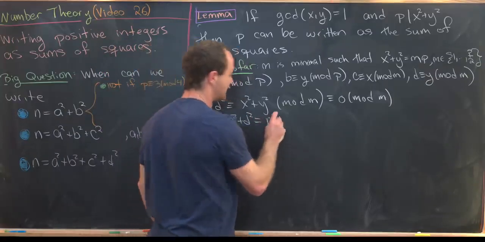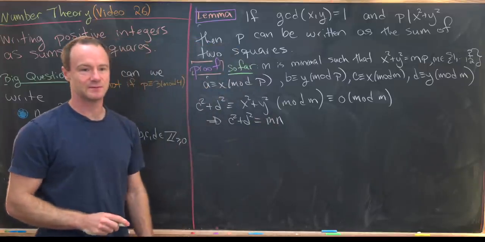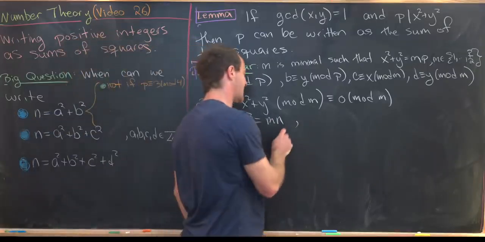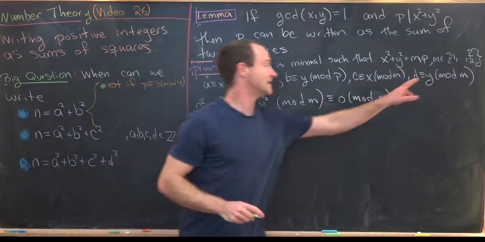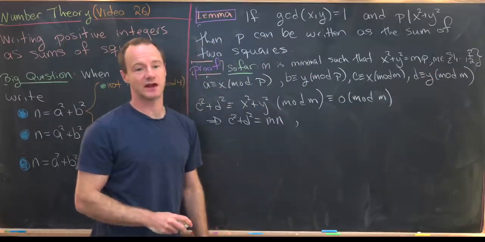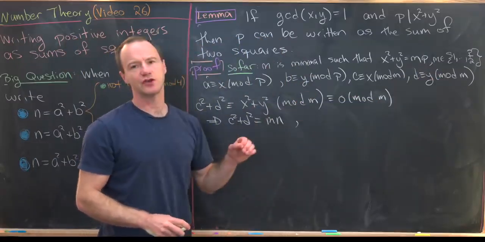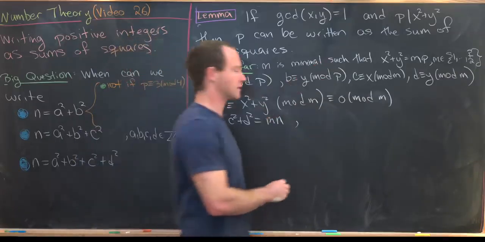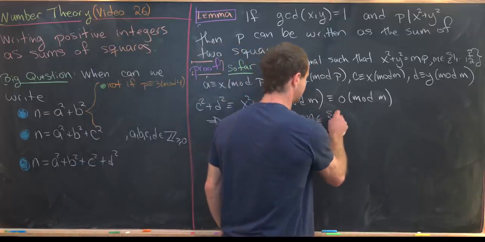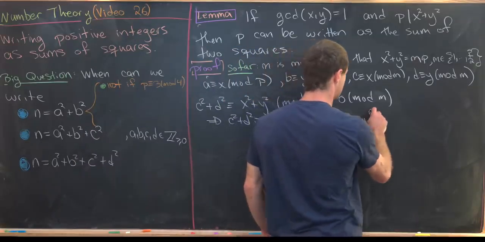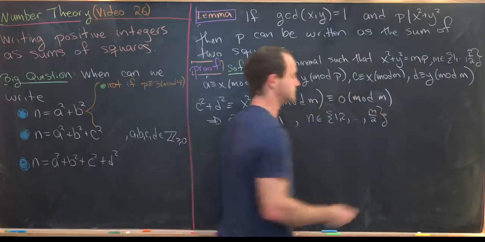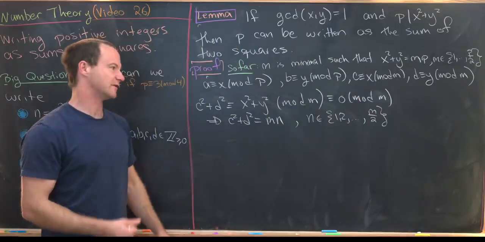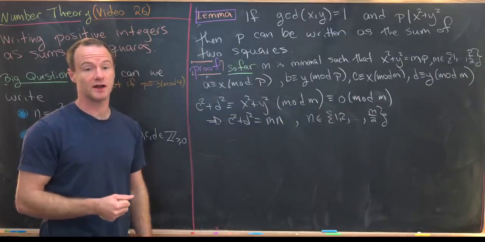We'll say that it's m times n. And then we can get a certain size range on n the same way that we got this size range on m. So I'll let you guys work out those details, but it's pretty similar to what we did over there before. So we know that n comes from the set 1, 2, up to m over 2. Again, taking the floor if m is odd.